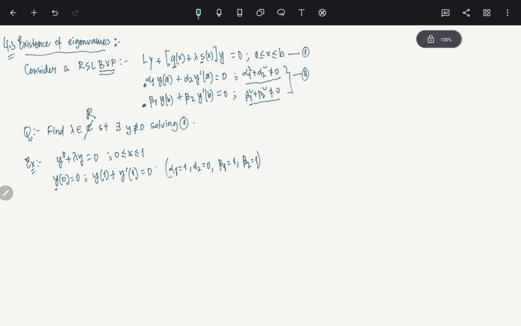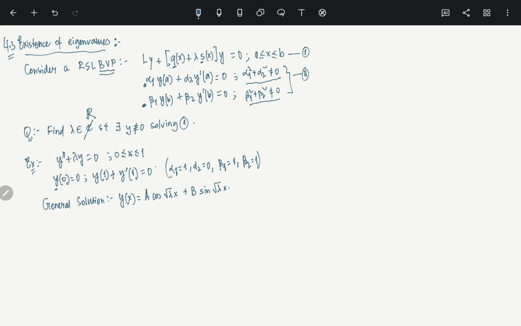Now what is the general solution? Without thinking about it, we can just write it down. The general solution is y(x) equals a cosine root lambda x plus b sine root lambda x. I'm not solving it, but it is very easy to do: you remember the e to the power mx type of approach, and you can find the general solution.